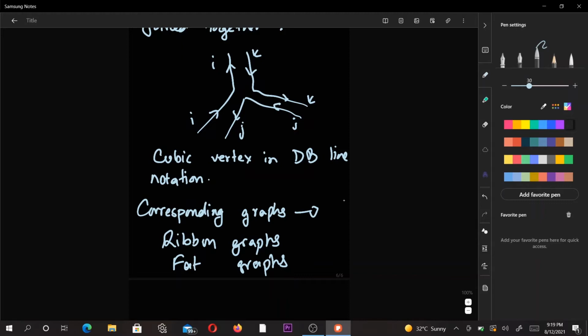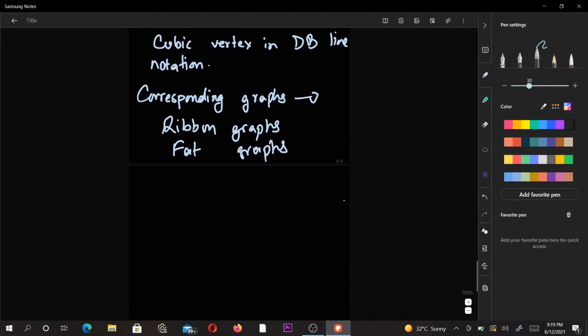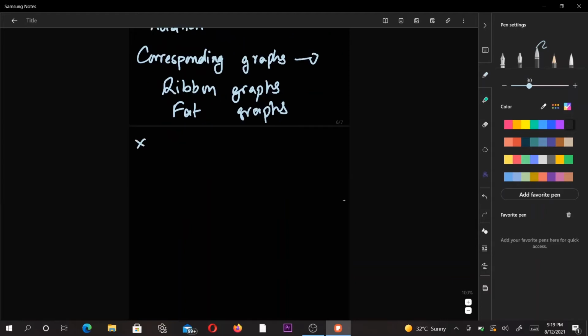So now let's consider two cubic vertices. If you remember, for two cubic vertices in the case of single line graphs, this would just be like this.